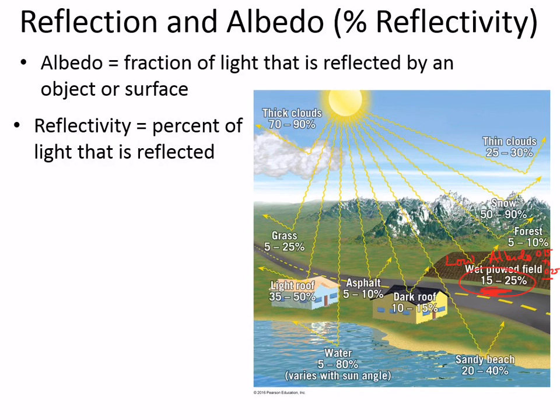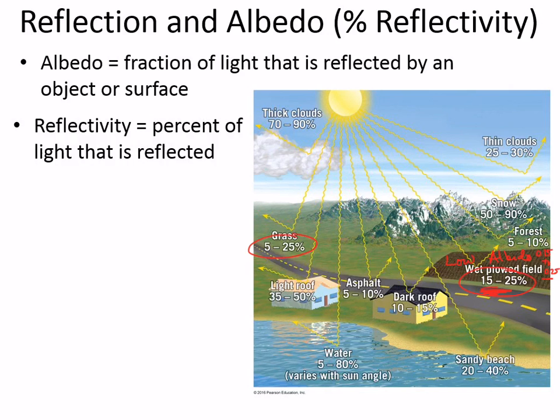So grass, if it only reflects 5 to 25 percent, then that means it absorbs what? 95 to 75. Does that make sense? So a low reflectivity means a high absorptivity.